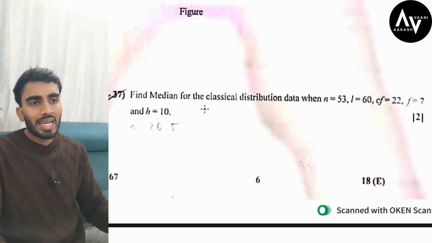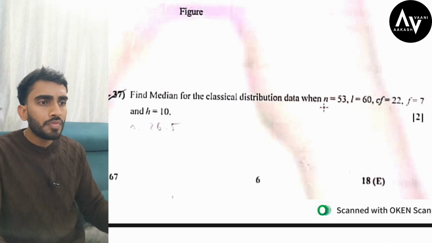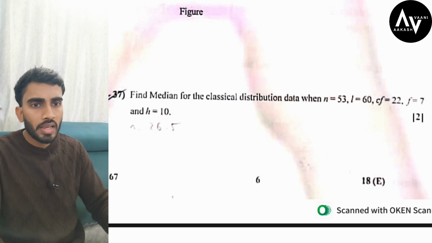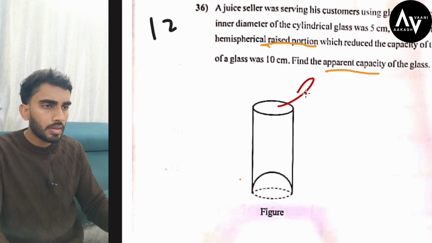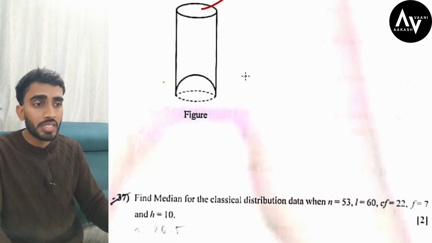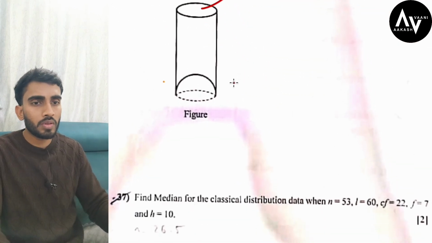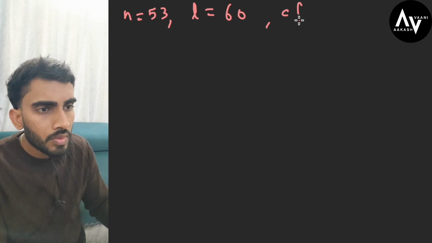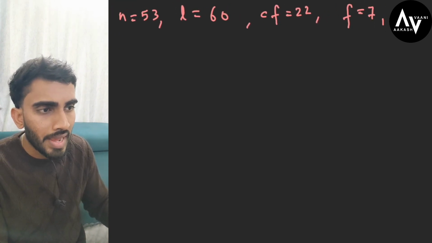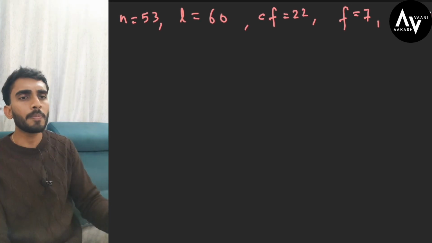Find the median for the class distribution when n is 53, L is 60. So your n is 53, L is 60. Other than that, we have CF 22, F 7, and h is equal to 10.